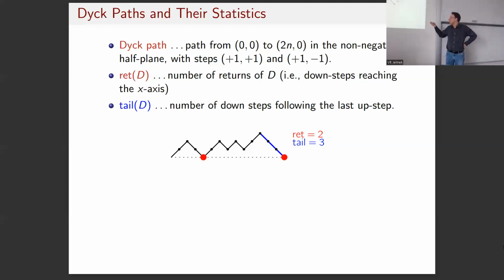So for instance, if instead of Dyck path you prefer plane trees, then there is a bijection between Dyck paths and plane trees where the number of returns will correspond to the degree of the root of the tree, and the tail of the path will correspond to the depth of the rightmost leaf. So it's not really important that I'm choosing to work with Dyck paths. For most other Catalan objects, you could also define some analogous statistics here.